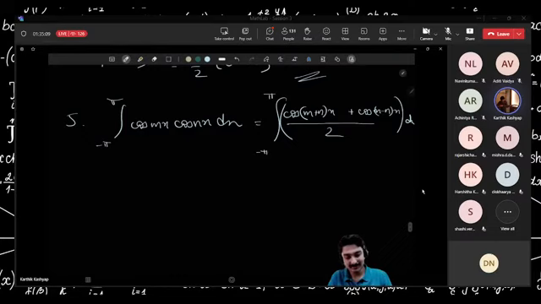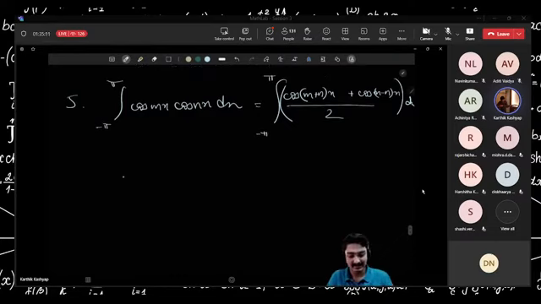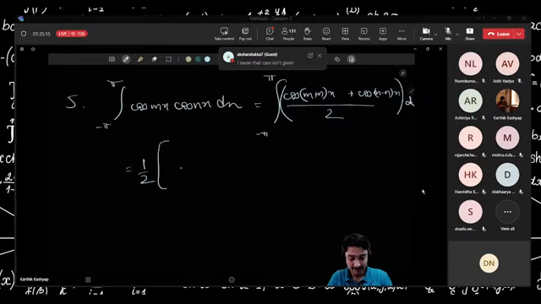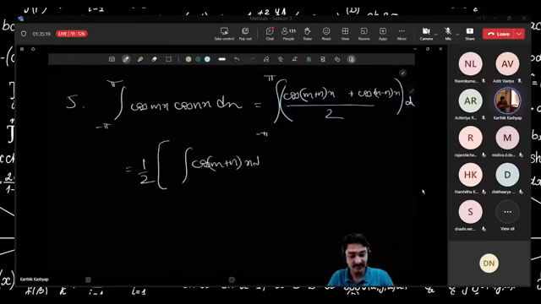So again, we can do the same, and this time we will get integral cos (m plus n)x dx plus integral cos (m minus n)x dx from minus pi to pi.